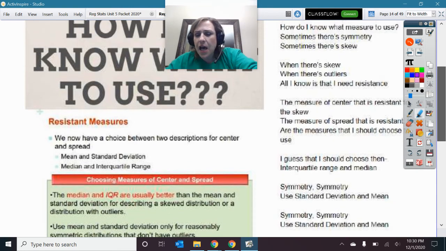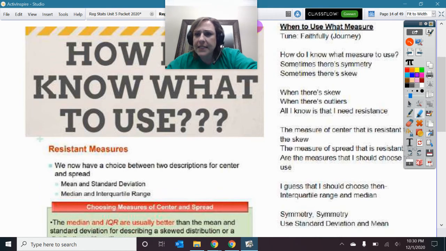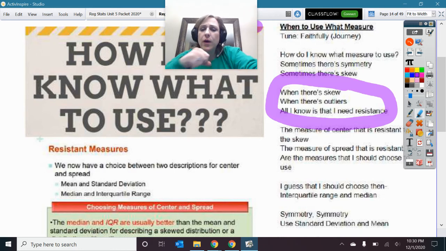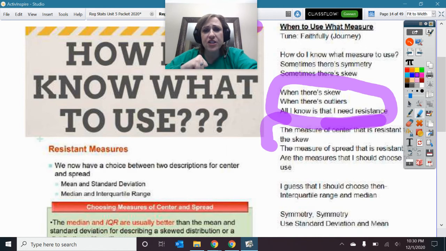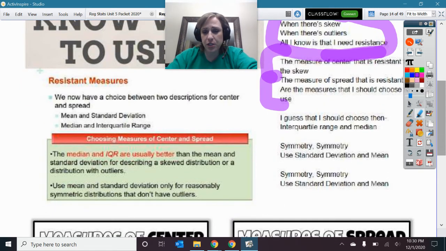All I know is that I need resistance. When there is skew, when there's outliers, all I know is that I need resistance. The measure of center that is resistant to the skew. The measure of center that is not affected by the skew. The measure of spread that is resistant to. So the measure of spread that is not affected by the outliers are the measures that I should choose to use.